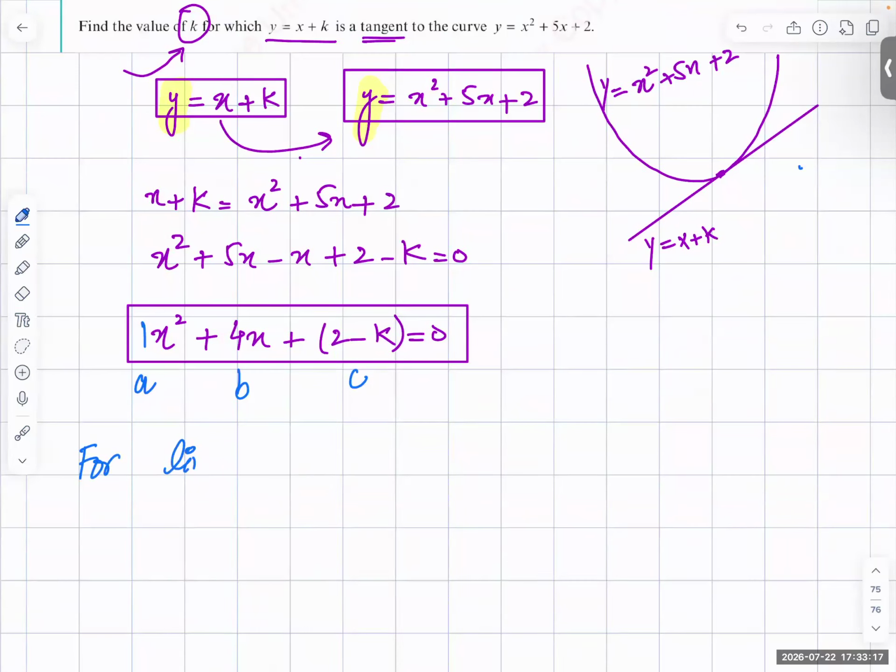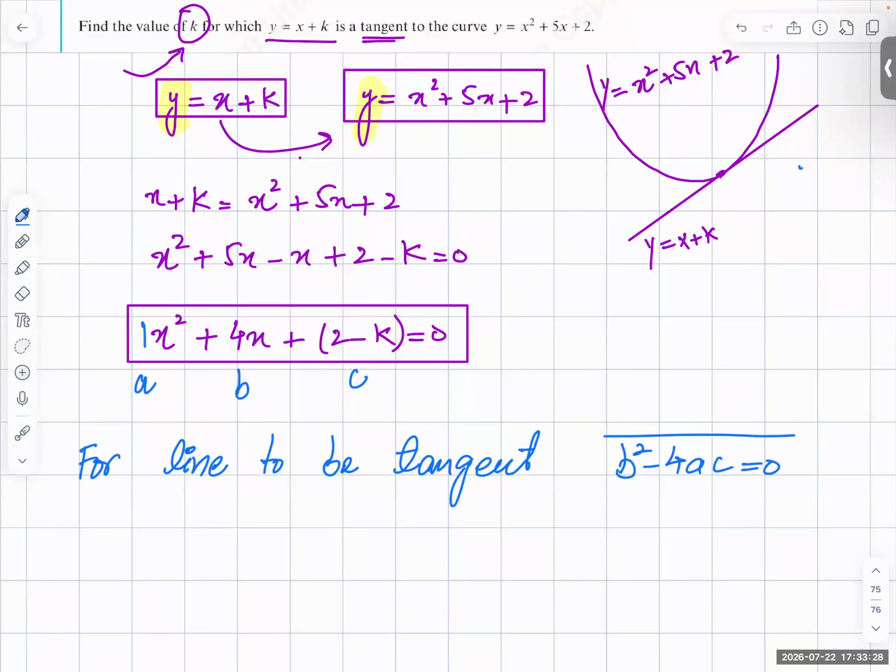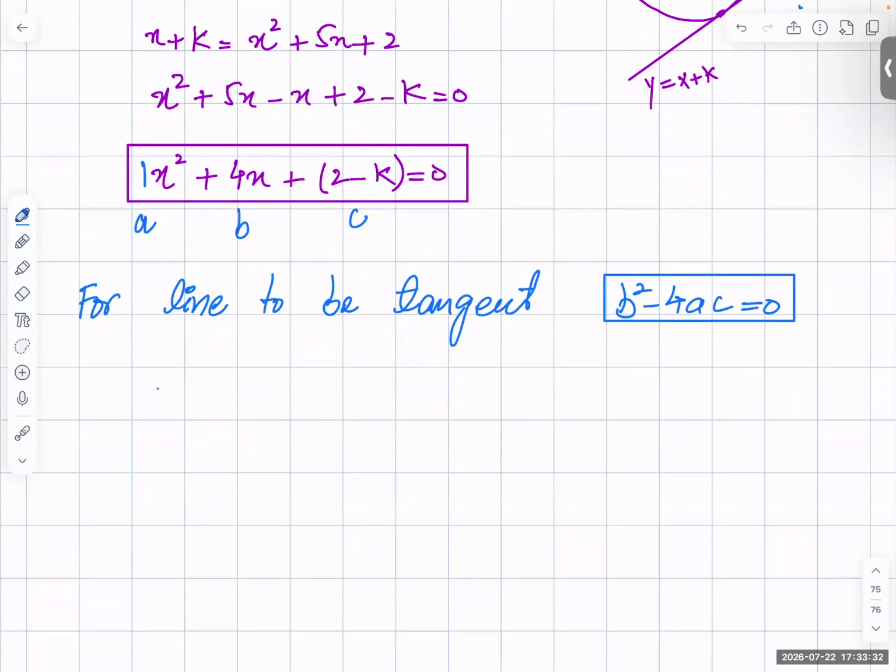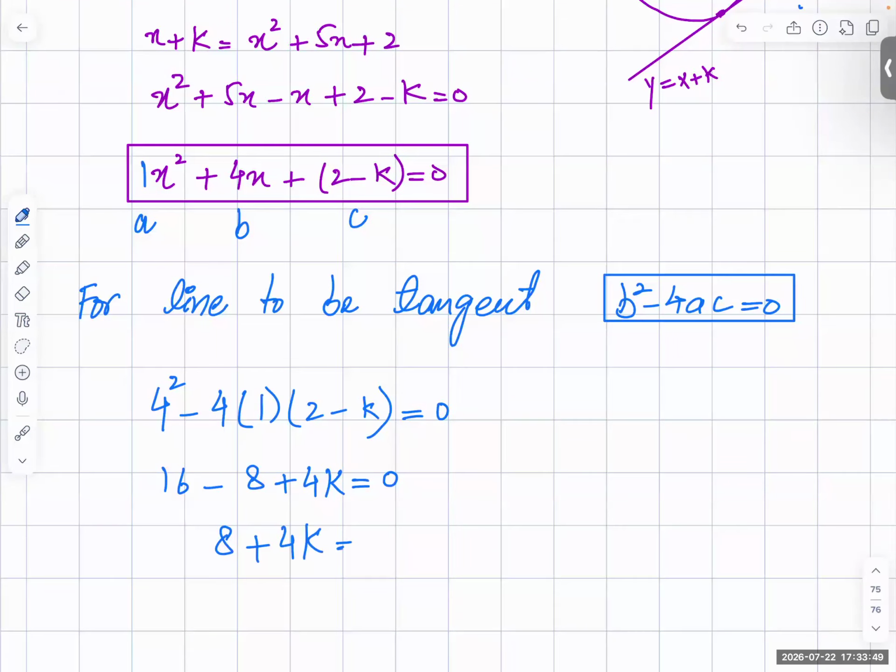So you would say, for the line to be tangent, b square minus 4ac must be equal to 0. So here you go. That is 4 square minus 4ac must be equal to 0. Then that is 16 minus 8 plus 4k must be equal to 0. That is 8 plus 4k equal to 0.